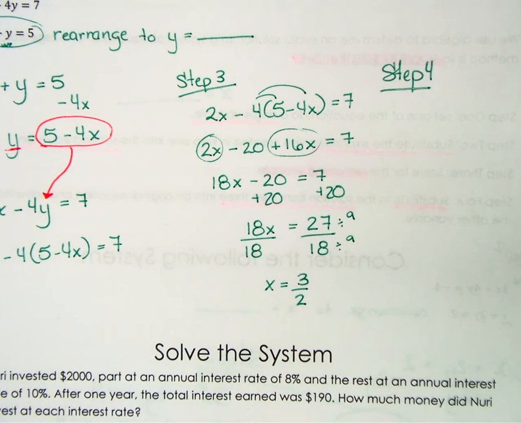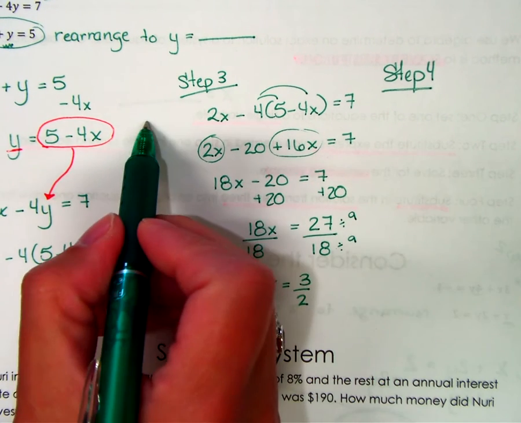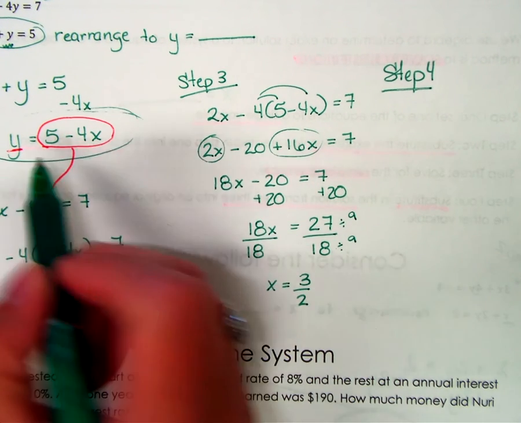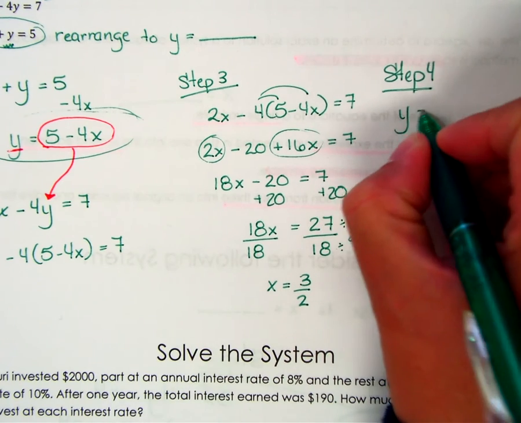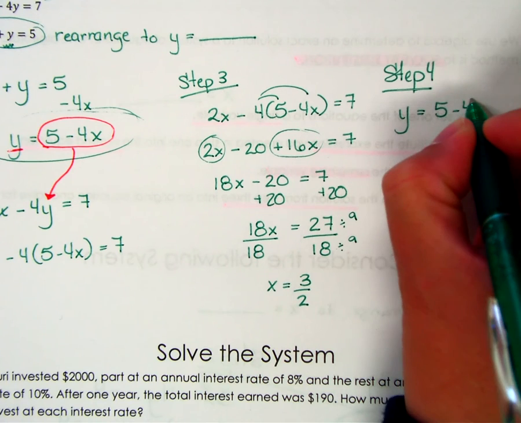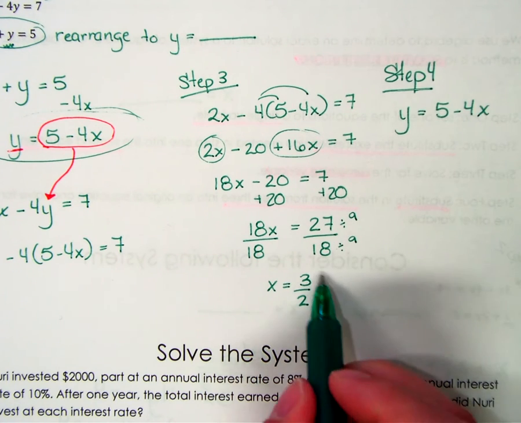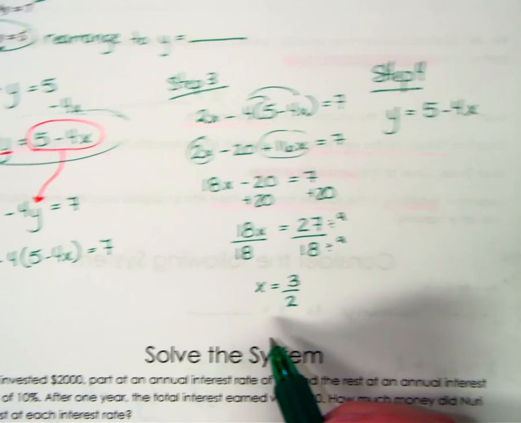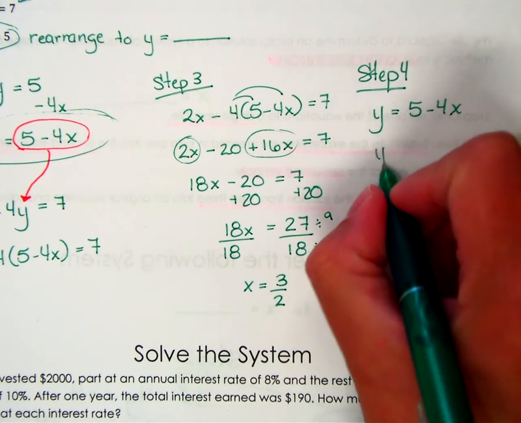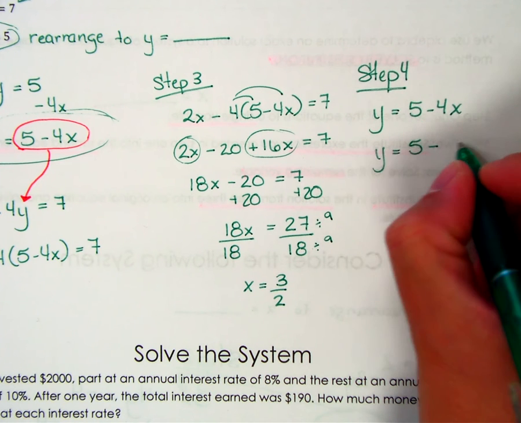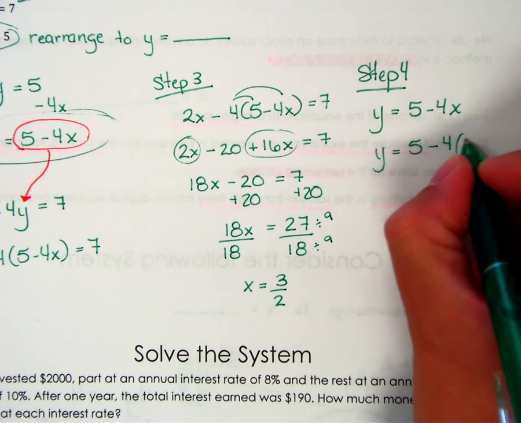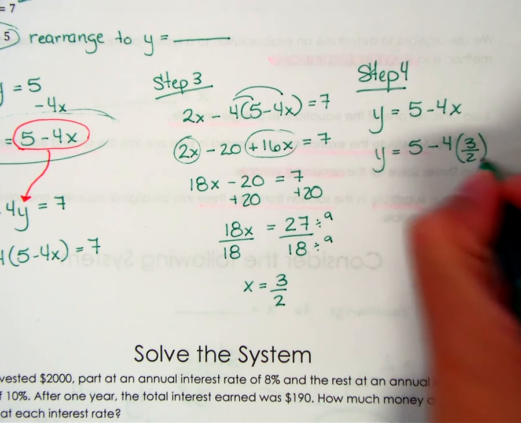Okay, so step 4. Step 4 is where we go back to the equation we created in step 1. So y equals 5 minus 4x. And we know the value of x here. So y equals 5 minus 4 times 3/2.